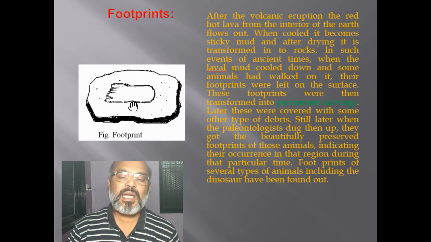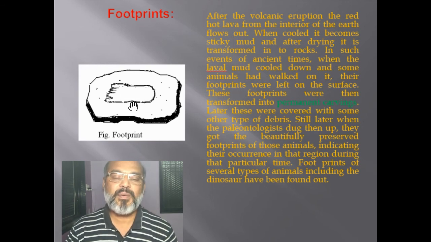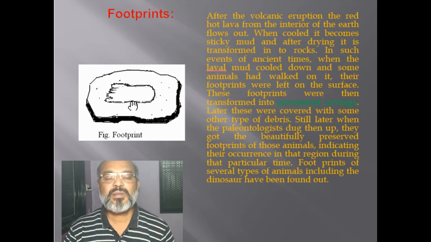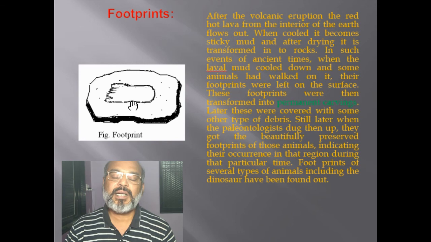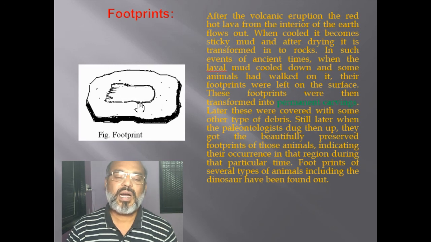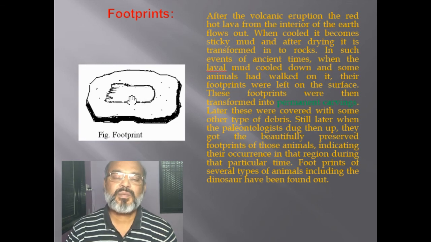You know very well, in a volcanic eruption there is hot red lava, and the temperature of that lava is very high, but when it becomes dead, the hot red lava cools down to normal, and if any animal runs over this cooled magma of the volcanic eruption, it gives rise to certain impressions, which are converted into permanent carvings.